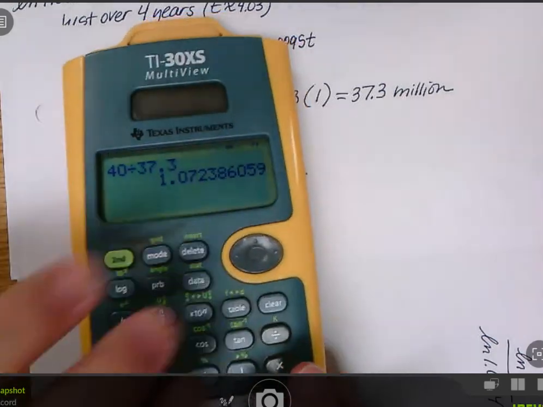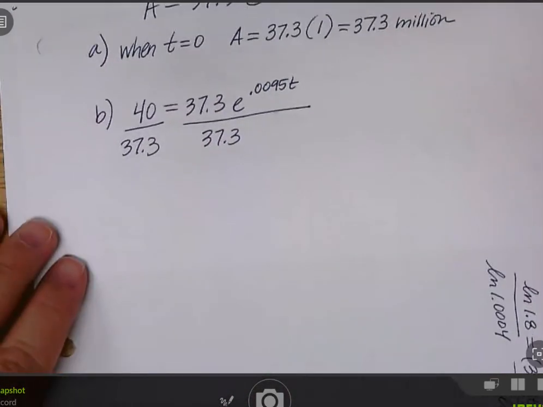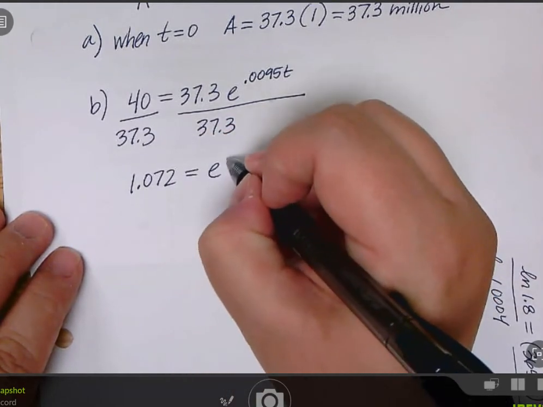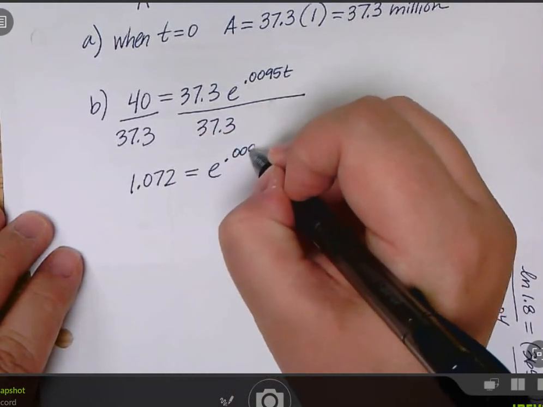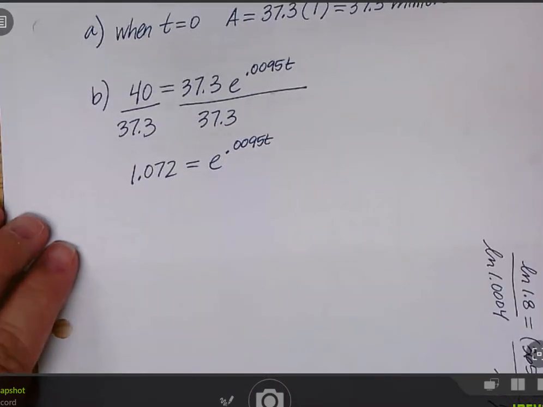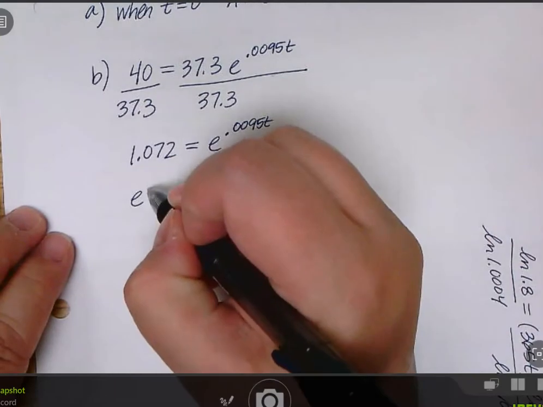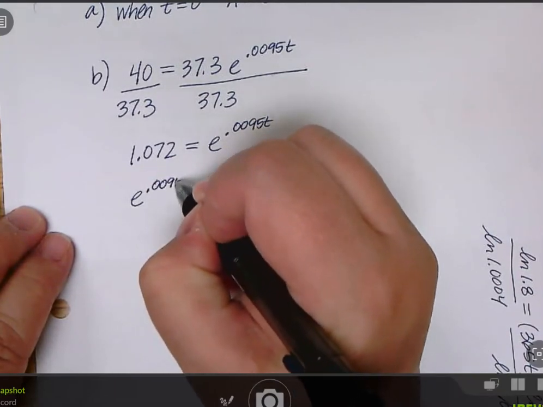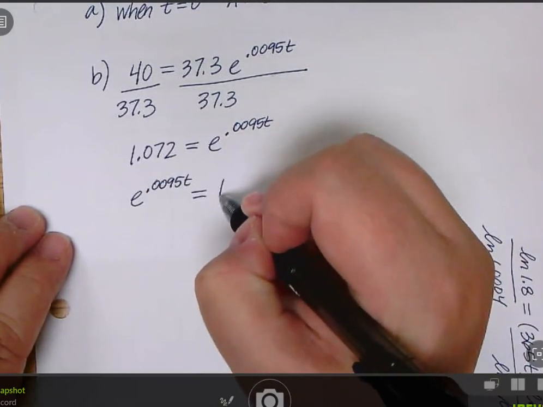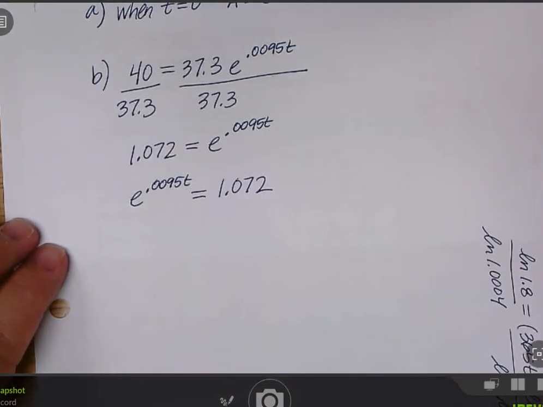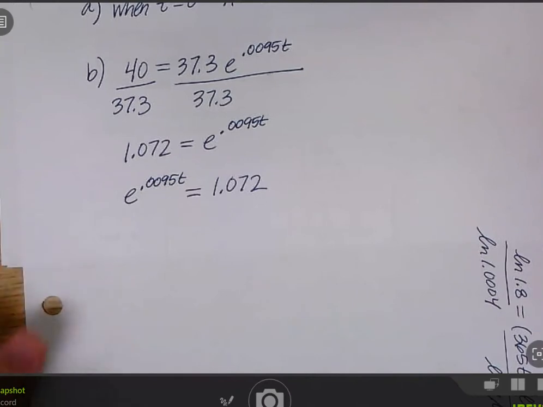Let's go with that many decimals. So 1.072 equals e to the 0.0095t. I'm going to turn this around just because we do tend to like to have the exponential part over on the left. It doesn't matter, it's just a habit.